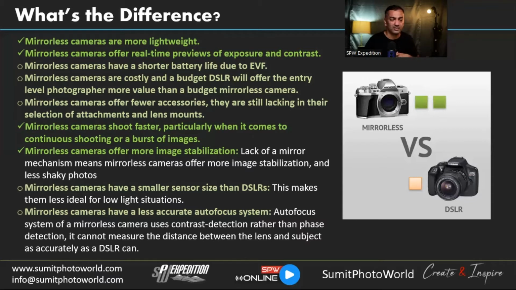Mirrorless cameras offer fewer accessories because they are still developing, and third-party companies like Sigma and Tamron are still developing for mirrorless cameras. You will find more accessories for DSLR compared to mirrorless, and lens mounts or attachments.